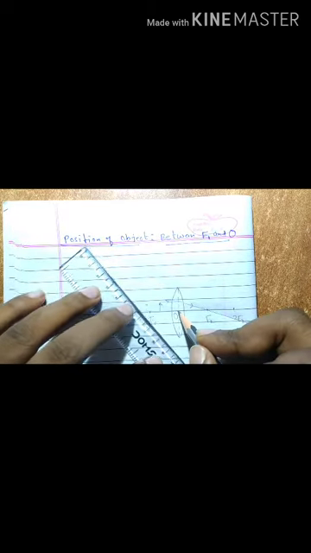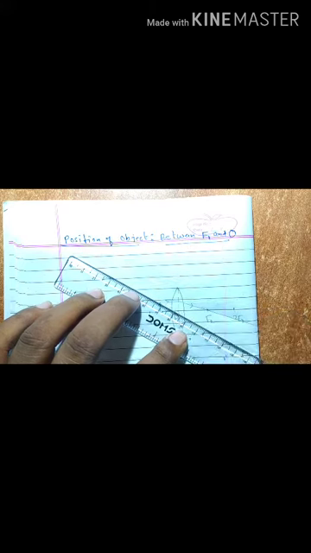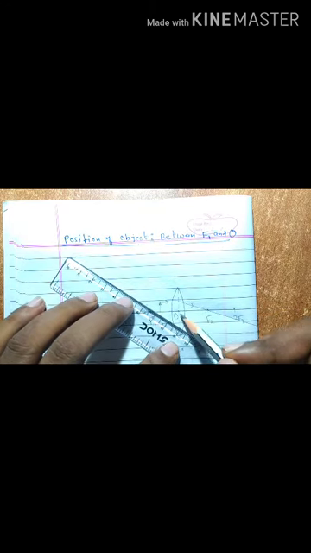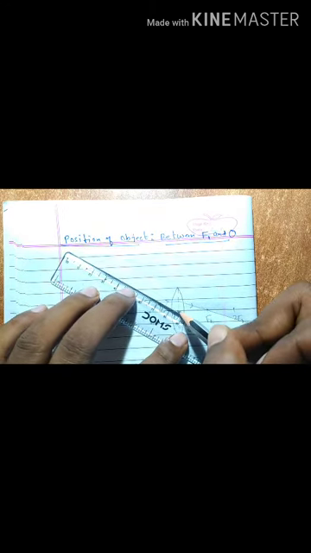This is the refracted ray. Okay, and one ray must pass through the optical center.